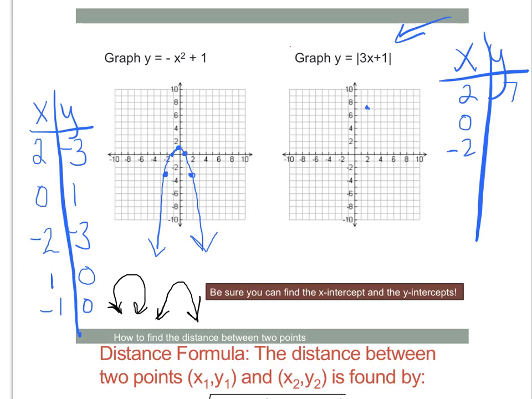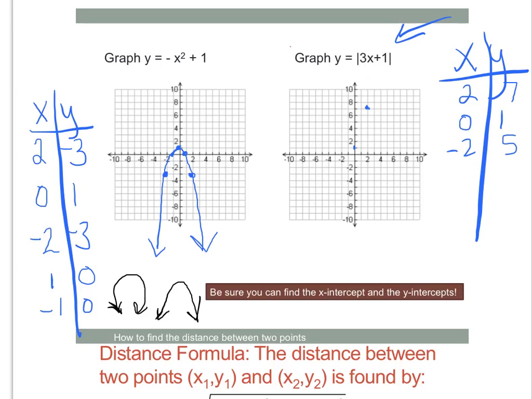Okay, if x is 0, 3 times 0 is 0, plus 1, so I get 1, right? 0, comma 1. Okay, if x is -2, 3 times -2 is -6, plus 1 is -5. Take the absolute value of -5, and I get 5.